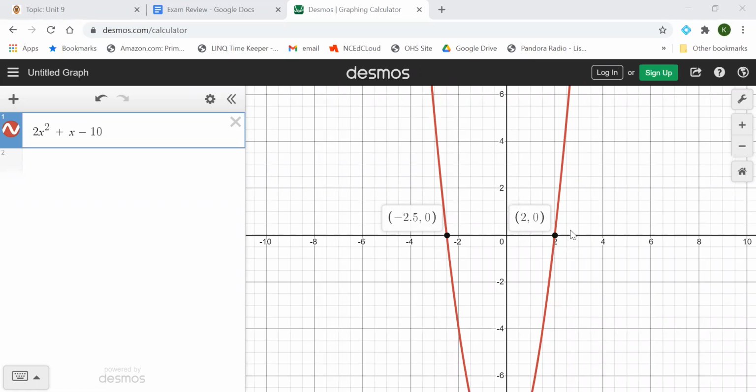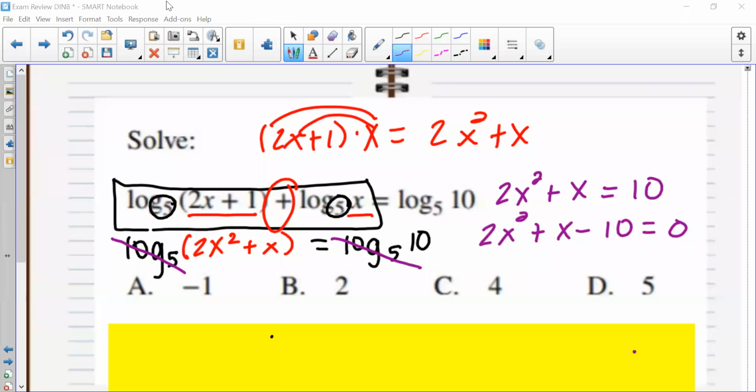So we're actually only going to take that positive answer, positive 2. So the only answer that we're going to get is positive 2. Okay, so that's why when we're looking at our answers, we don't see the negative 2.5 as an answer choice. So we're just going to pick positive 2.